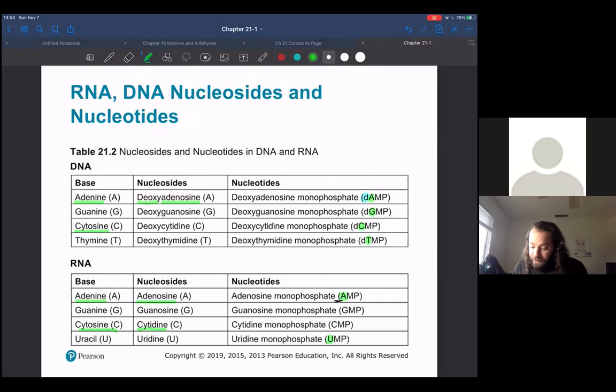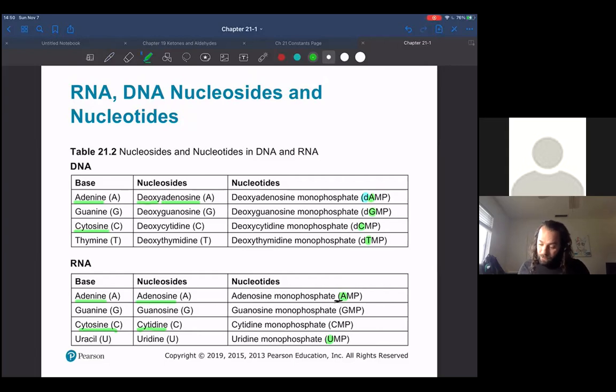The M stands for how many phosphate groups are on there. There can be 1 to 3 phosphate groups. When it's in a nucleic acid, there's only 1 phosphate group, but the cell uses the triphosphate and diphosphates for other things as well.